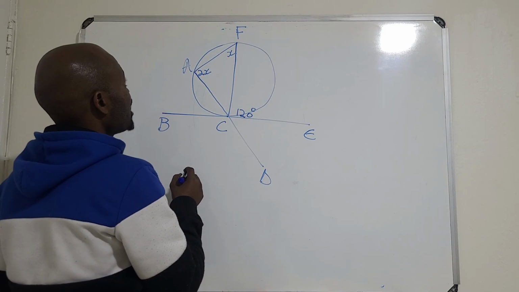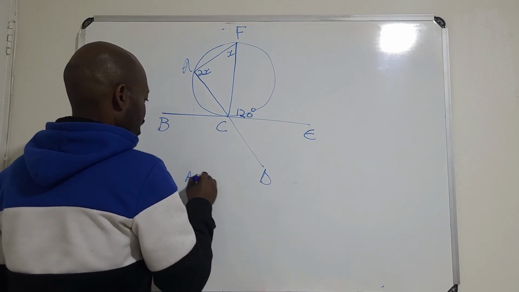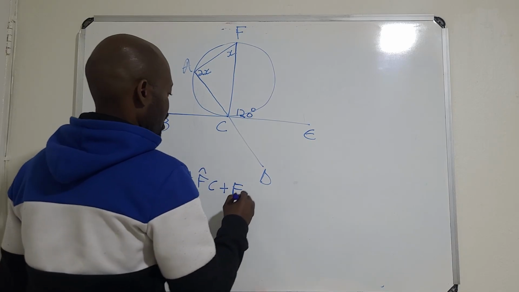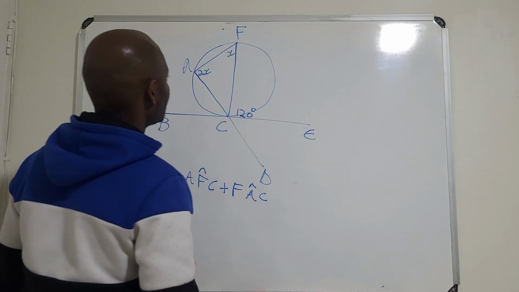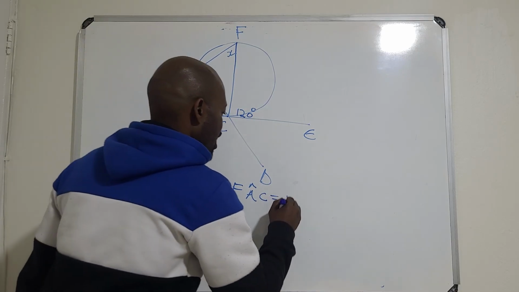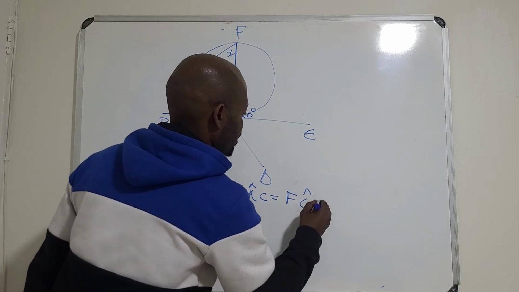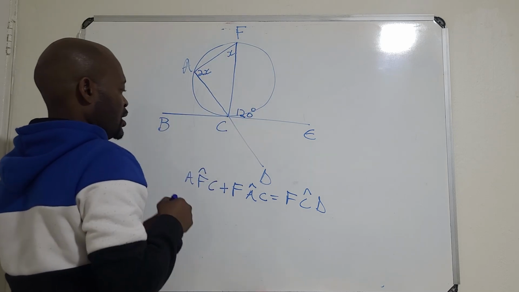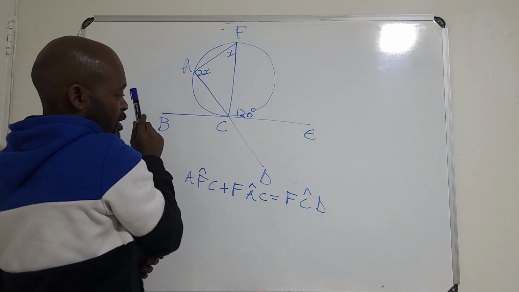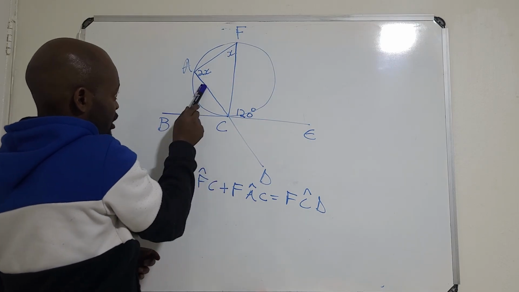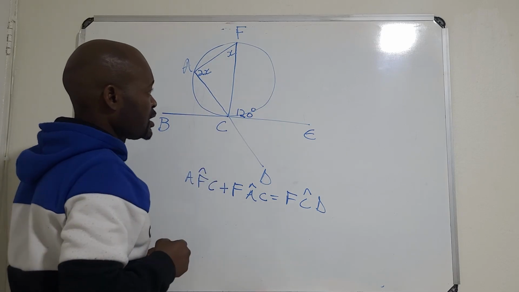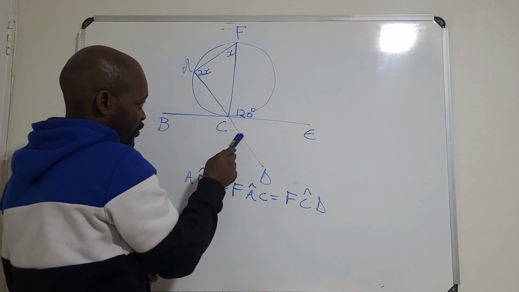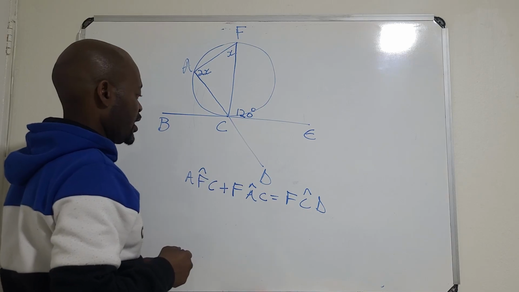Therefore, we can say that angle AFC plus angle FAC is equal to angle FCD. Angle AFC is this angle plus angle FAC is this angle. This angle plus this angle is equal to angle FCD, which is this angle, exterior angle of a triangle.